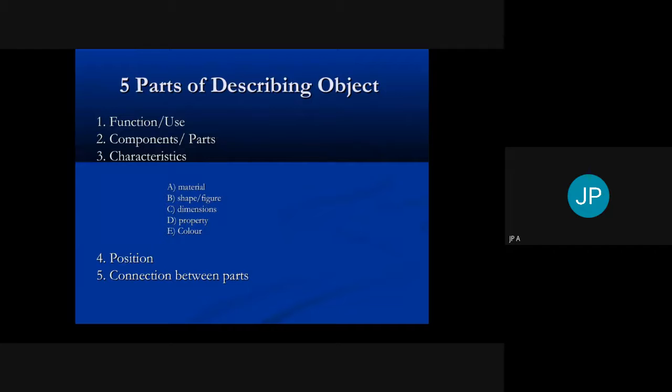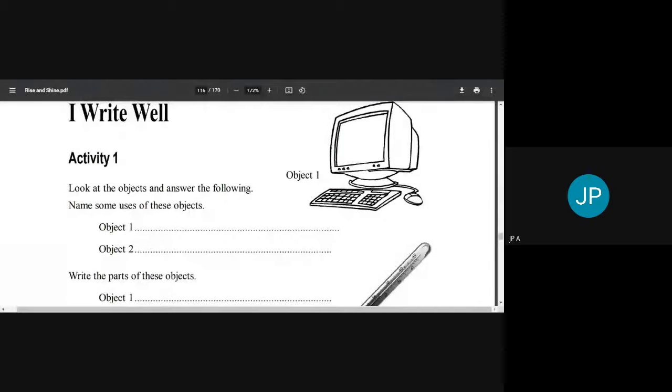So we describe the function. So if you take up this picture of the computer itself, you describe that. How do we describe? We describe that it is used for. It is a computer. So it is an electronic device. It is used for many functions.